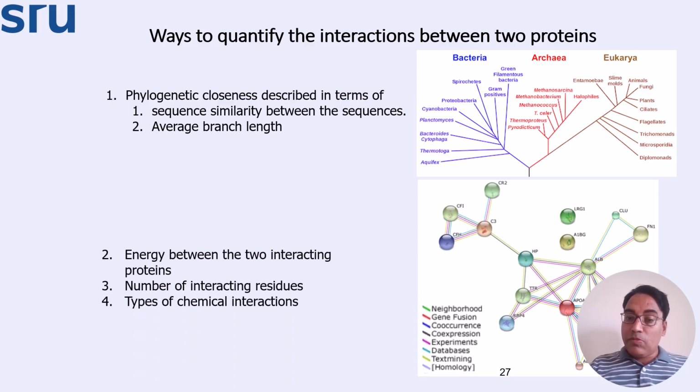But if I'm building on some proteins or ligands, or these two proteins are connected together in a complex, then I can find out the energy between the two interacting proteins. Lower energy means a more stable complex. They are very native, very stable partners. Then the number of interacting residues, how many residues are always in interaction, and the types of chemical interactions normally used.